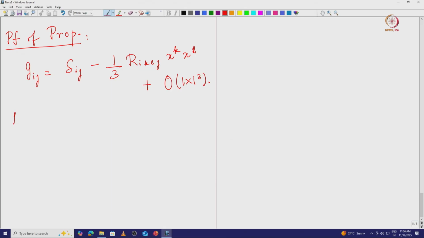So I just let A be the matrix whose ijth coefficient is given by minus 1/3 R iklj xk xl plus whatever this sort of cubic term is. Okay.